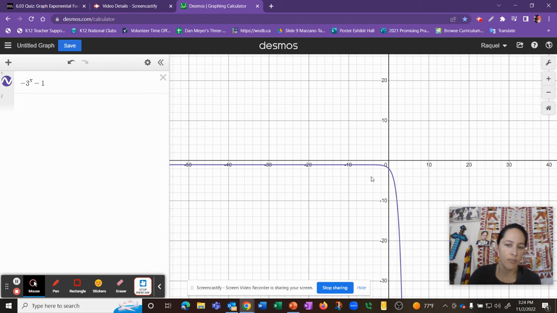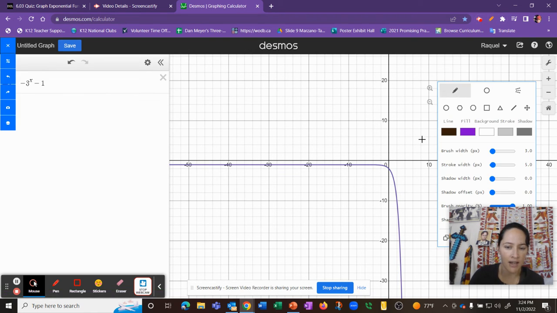not thinking about the domain, but thinking about the range, the y values this graph is going to take on. So are there any y values up here? 1, 2, 5, 6, 20, 15, right? Are there any y values up here? The range?